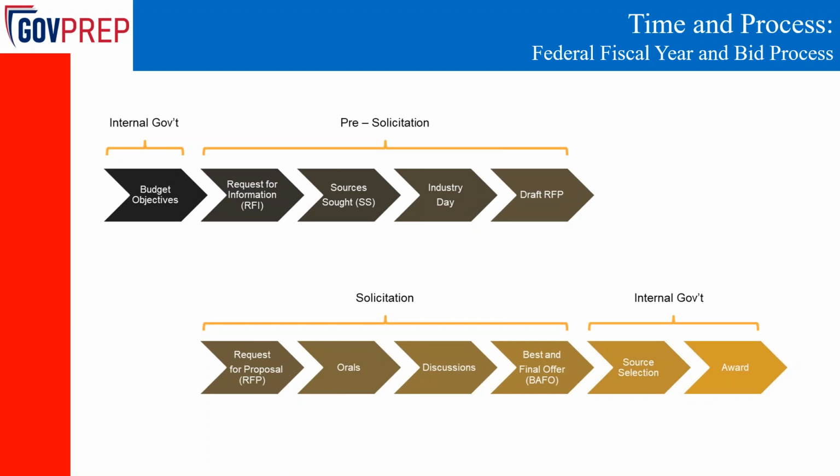develop a statement of work, or the contracting officer can go through this pre-solicitation phase, and they can look at requests for information and do some sources sought. So that request for information is the contracting officer saying, okay, I don't know as a contracting officer what this requirement is.